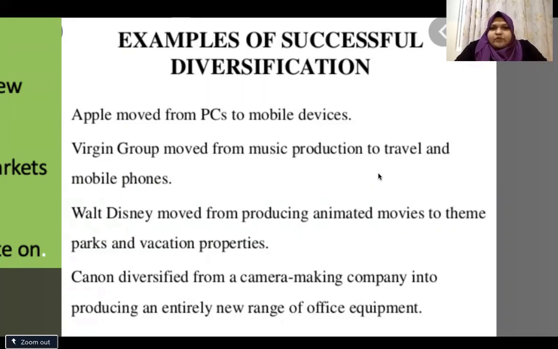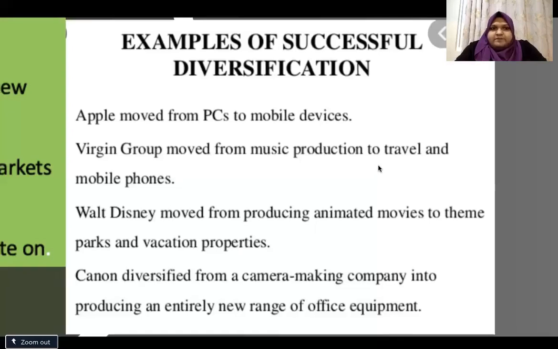Walt Disney moved from producing animated movies to theme parks and vacation properties. Canon diversified from a camera making company into producing an entirely new range of office equipment. So these are companies that have gone into diversification and have become successful and are still successful today.